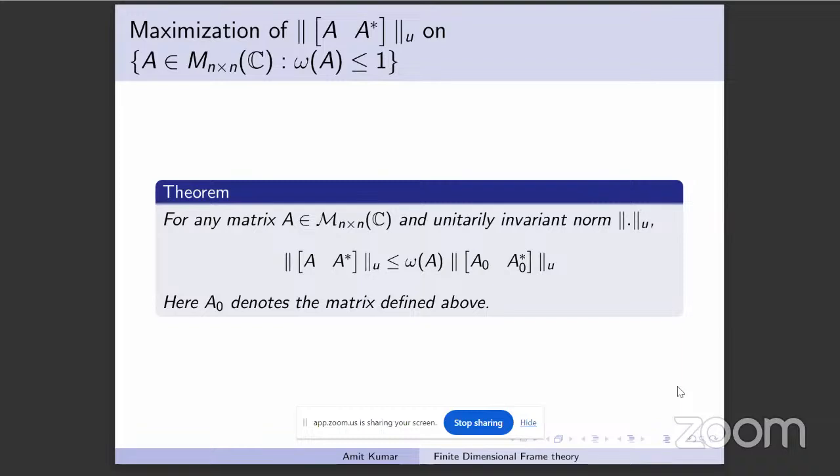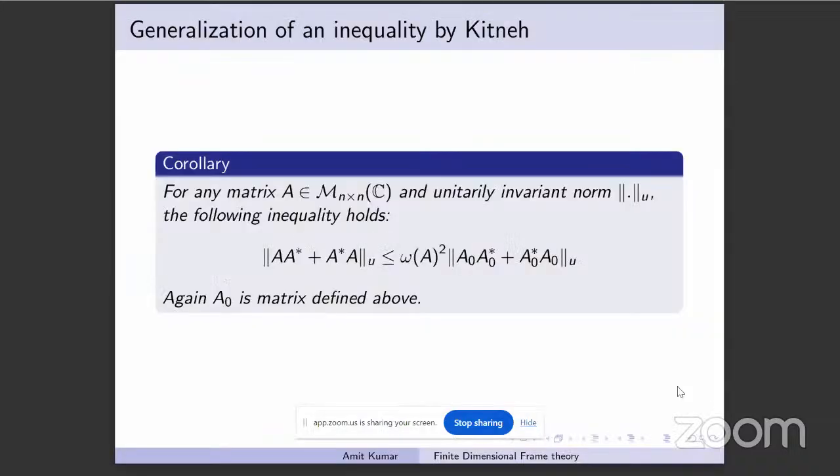So that matrix appears very important in our results. Again, our result is independent of which unitarily invariant norm you are choosing. As a corollary of this theorem, we obtain a generalization of a celebrated inequality given by Kittaneh, which he had proved only for the operator norm on matrices.